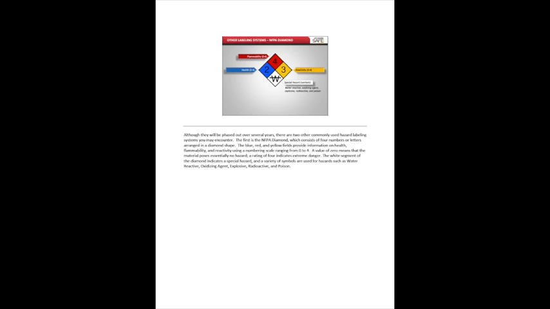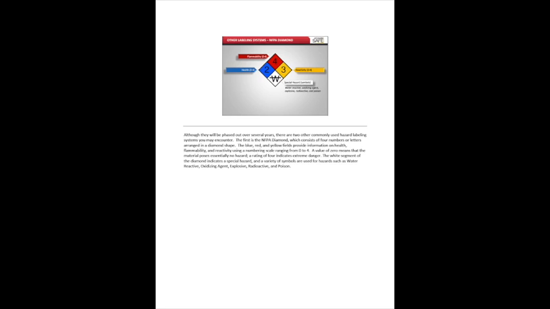Although they will be phased out over several years, there are two other commonly used hazard labeling systems you may encounter. The first is the NFPA diamond, which consists of 4 numbers or letters arranged in a diamond shape. The blue, red, and yellow fields provide information on health, flammability, and reactivity using a numbering scale ranging from 0 to 4.